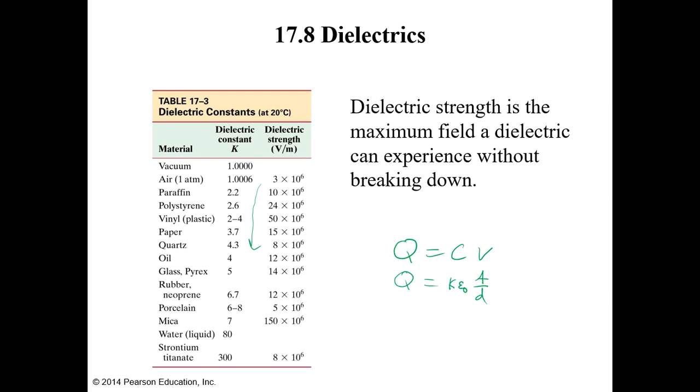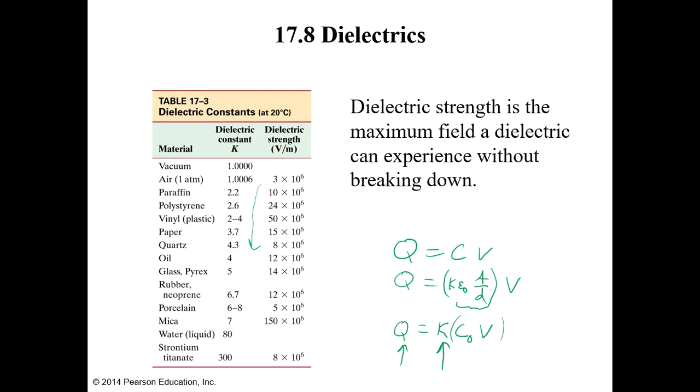This is your equation for capacitance, and we multiply that by voltage. But this value here is just the capacitance with air. We're going to call that C naught in this case, so it'll be K times C naught V. When you have a dielectric constant that has a higher value, then the charge also increases rather significantly.